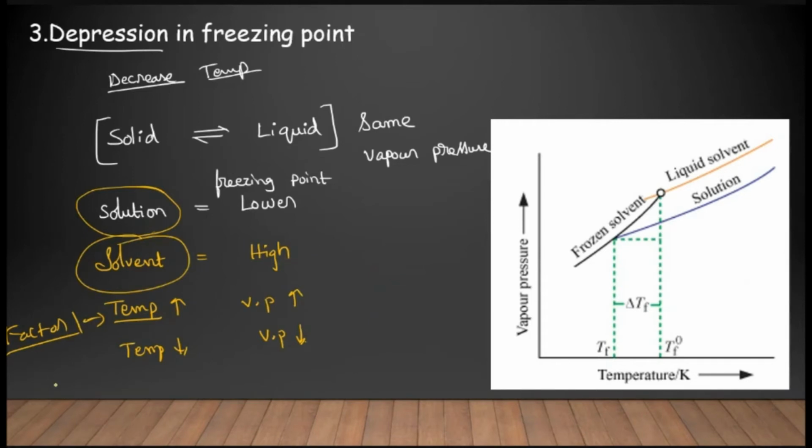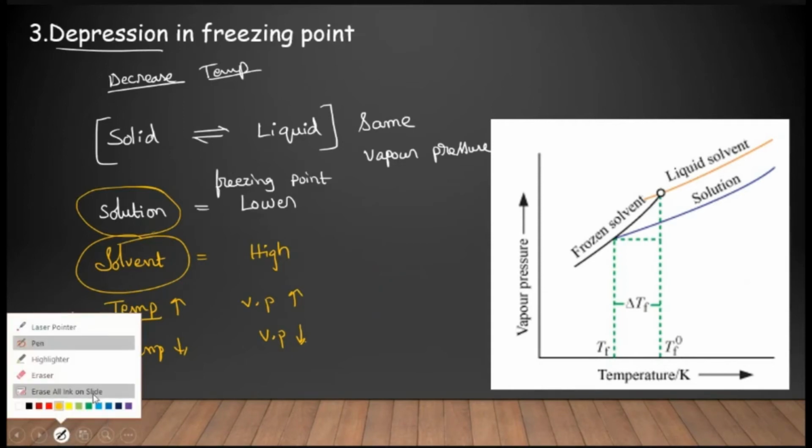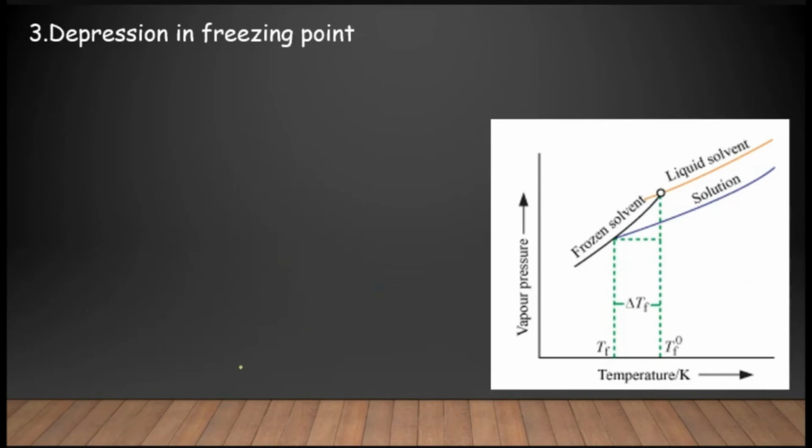We have taken a plot of vapor pressure versus temperature over here on the right side. Have a look at the plot. I'll mark it: from A to B, it's one curve.